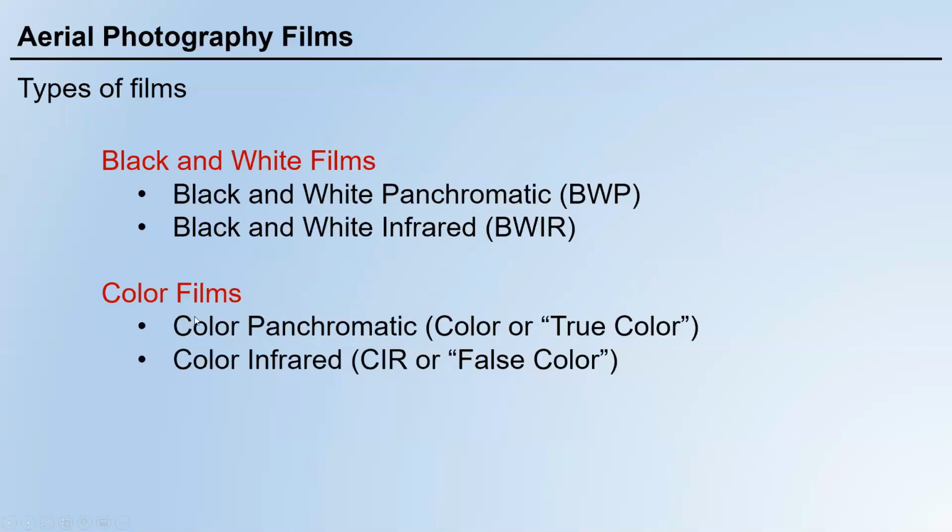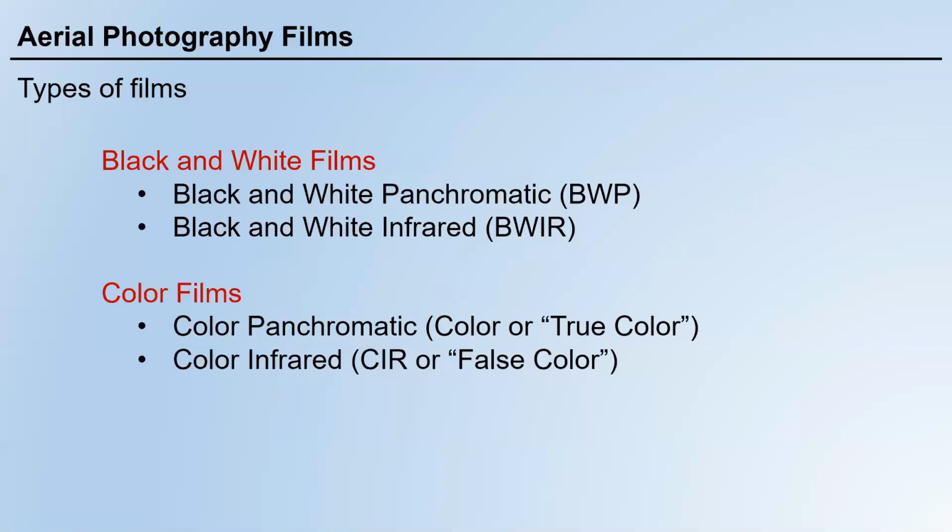Similarly, we have color films. We also have color panchromatic and color infrared. So color panchromatic is simply called a color image or true color image. When you are using a camera in your life, on your phone or with a specific camera, when you take a picture, that picture is actually a true color picture.